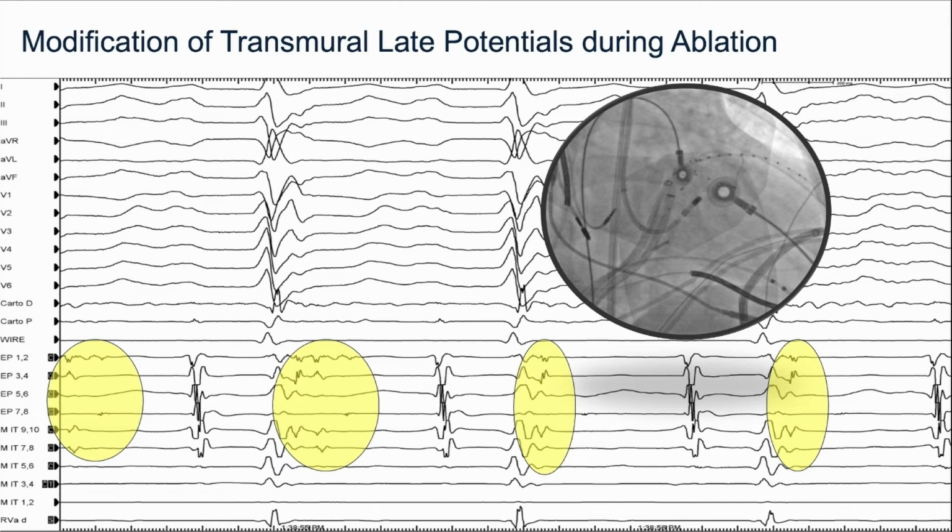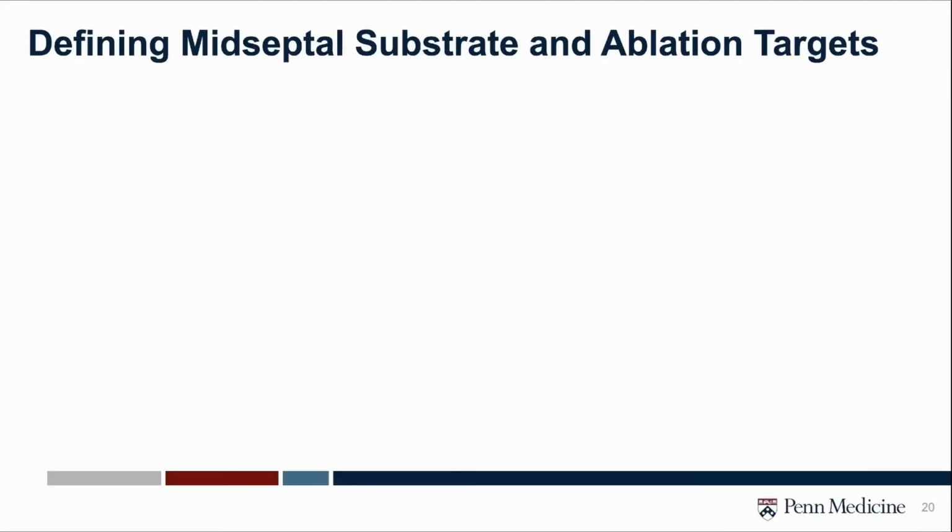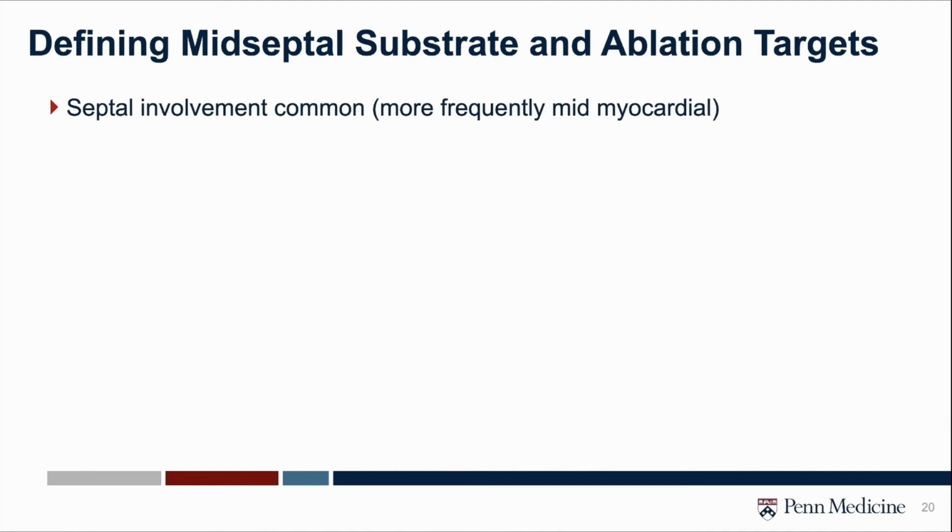And you can see here, a patient had late potentials that go away as we ablate from the endocardium. So you could potentially use this also as an endpoint, just like any other ablation, to eliminate late potentials.